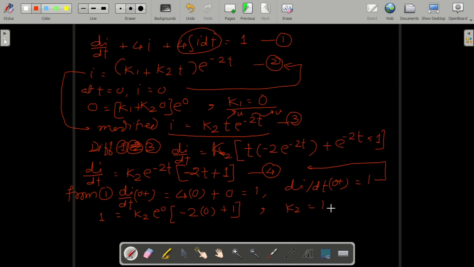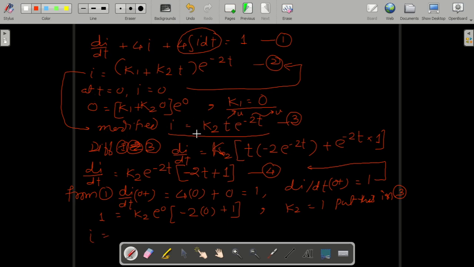So this value of K2 we will put in the modified equation. Which modified equation? 3. Put this in 3. That is the modified equation. So I equal to what will come? See, where is I equal to?